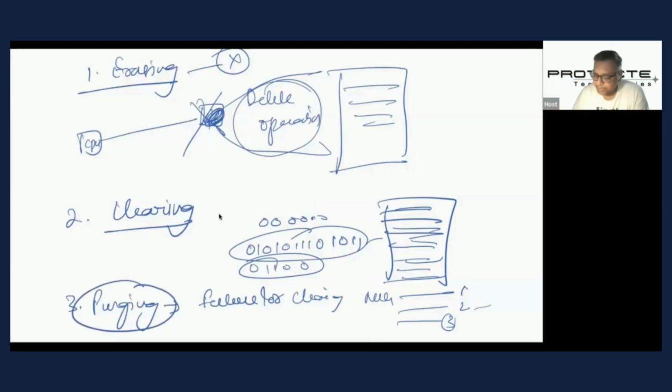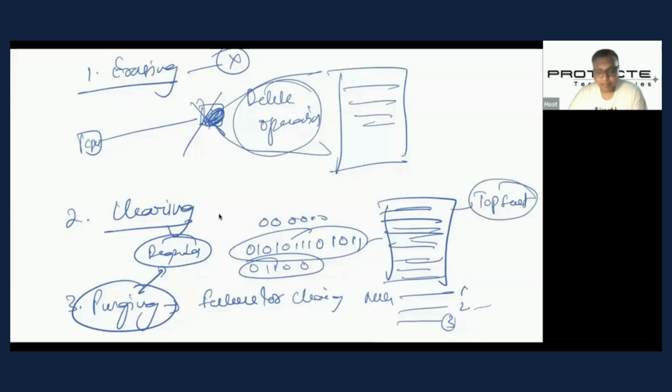Purging generally degrades the magnetic drives, because those days they used to be magnetic drives, and purging was done if you wanted to reuse the media again. Purging is still not used in the US for top secret documents, because the US government feels that even after purging, you can retrieve the data.